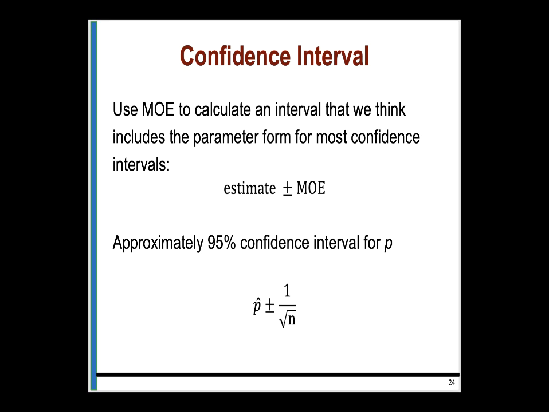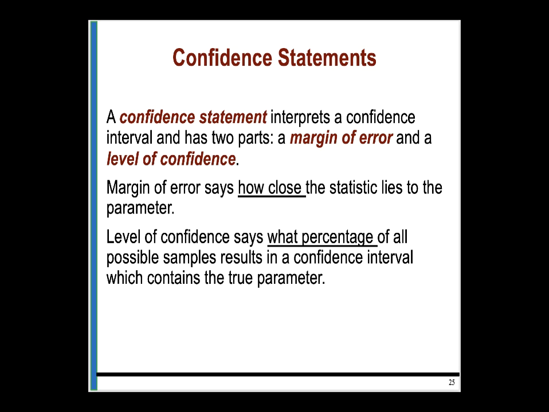Our statistic is being used to estimate what's going on in the population. These confidence statements give you two parts, a margin of error and a level of confidence. The margin of error tells you how close the statistic lies to the parameter, and the level of confidence tells you what percentage of all possible samples result in a confidence interval that contains the true parameter.